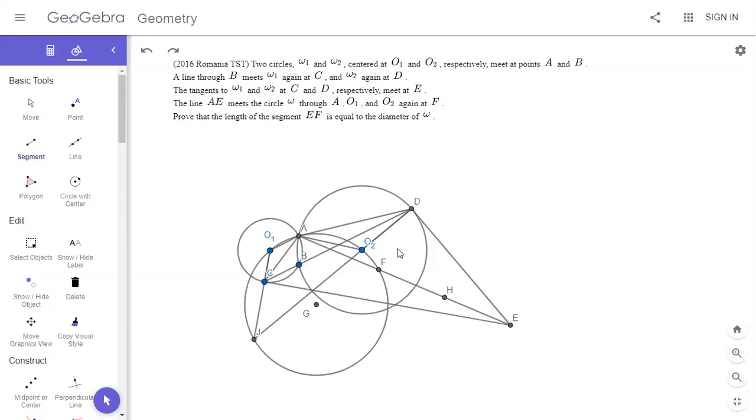Yeah, it looks a little tricky. Although I might have an idea.